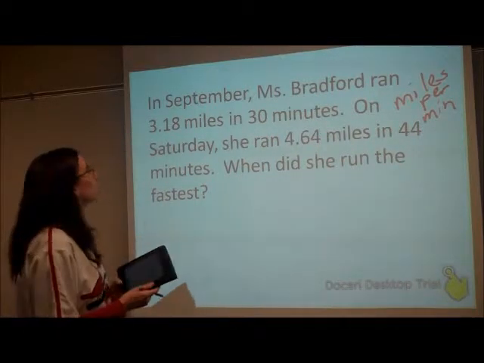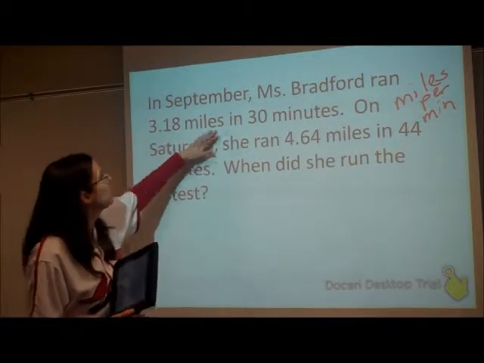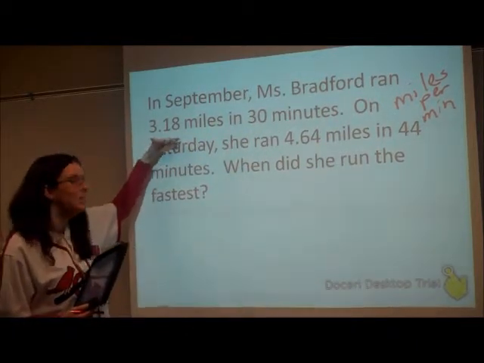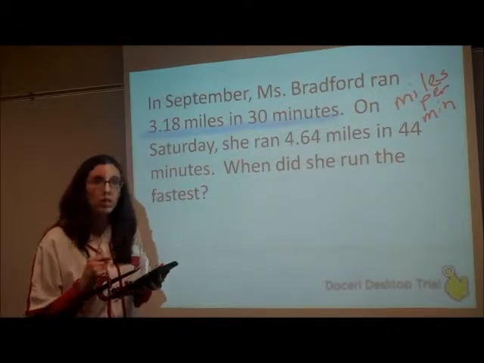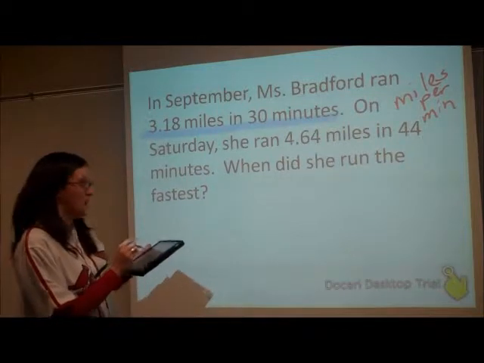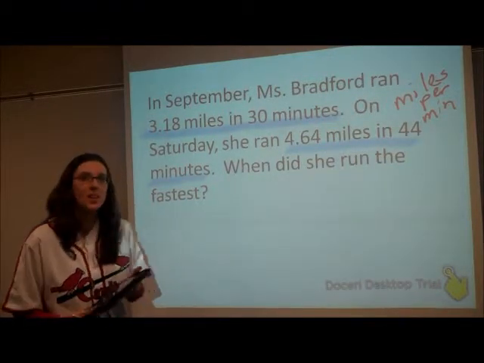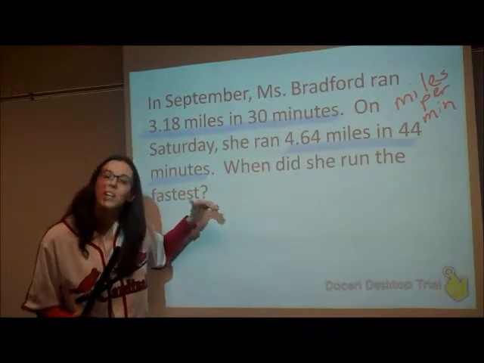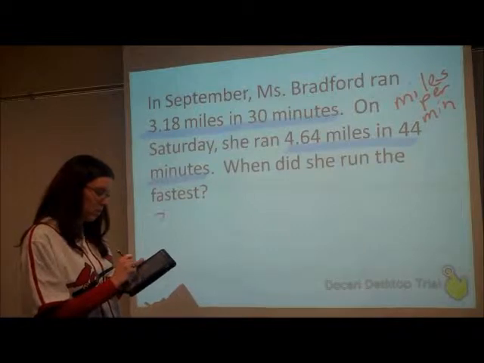So I need to look through here. I'm looking for my relationships. Well, here's one: I went 3/1800ths of a mile in 30 minutes. That's one relationship, or one rate. And then the 4/6400ths of a mile in 44 minutes is another relationship. So that's another rate.